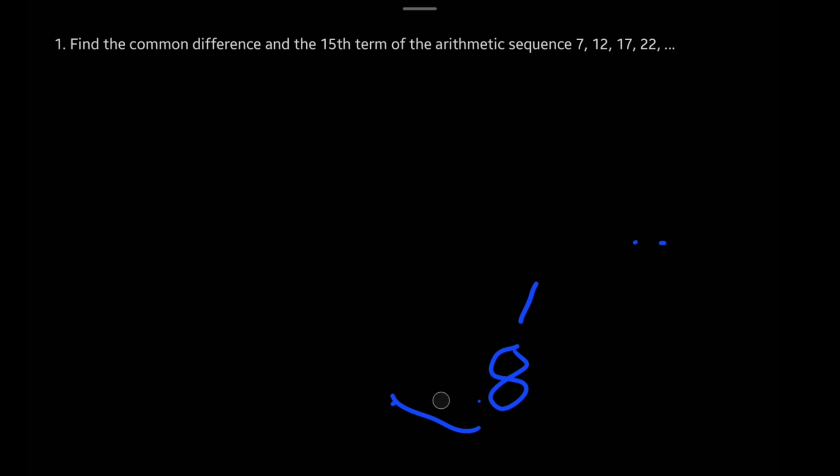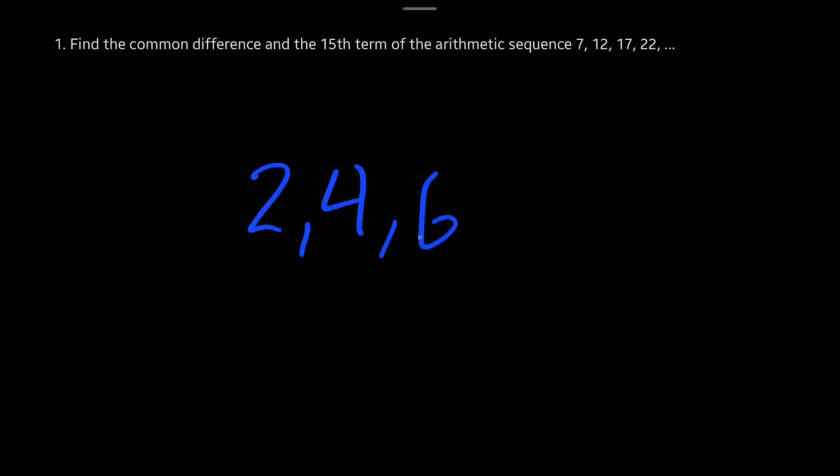A series, on the other hand, just asks what is the sum of the total numbers in a specific set. Let's say 2, 4, 6, and so on until the 8th term. What this asks is from the first term, which is 2, to the 8th term, let's denote it as a sub 8.